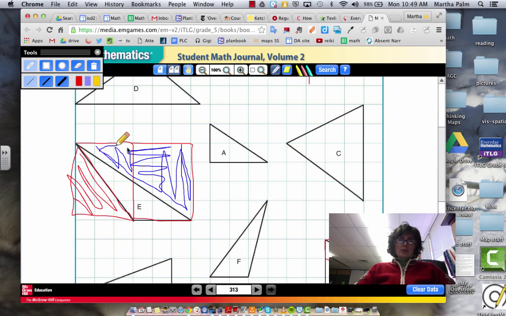So if you know what the blue is, area for the blue, and then add the area for the red.